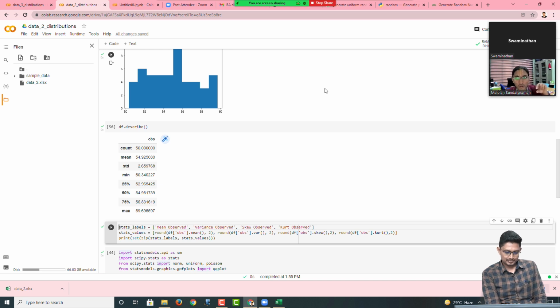Yeah. So here, more than the minimum and maximum value, what we should actually see is between the minimum and 25, 25 and 50, 50 and 75, 75 and maximum, those intervals, if you see, it's all just around 2. Right? And one more thing is that we have a mean value and the standard deviation or the variance is around 5.